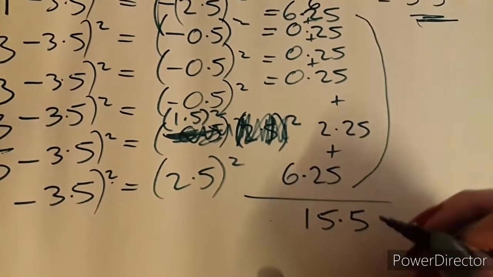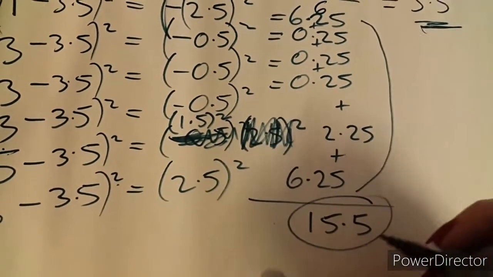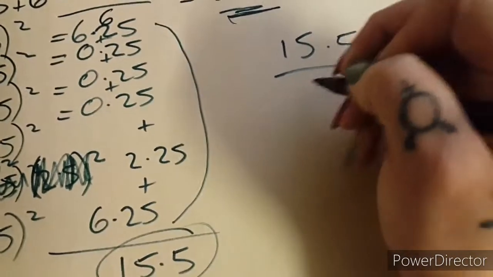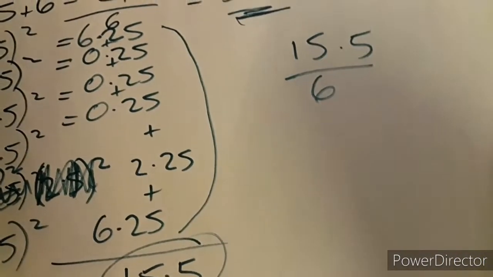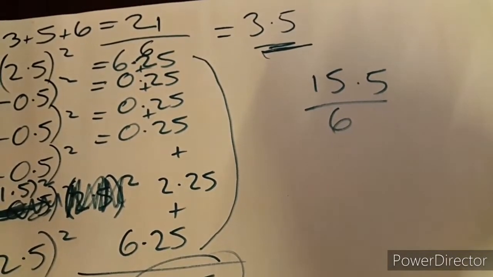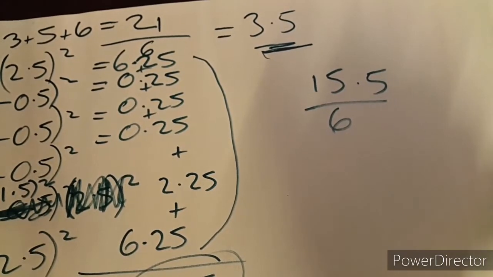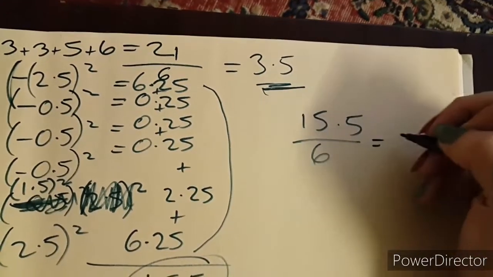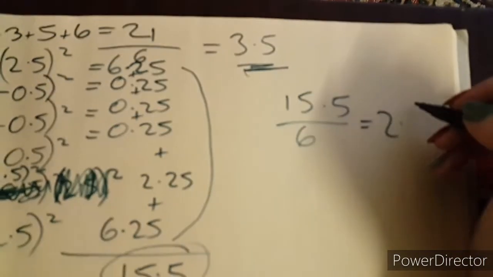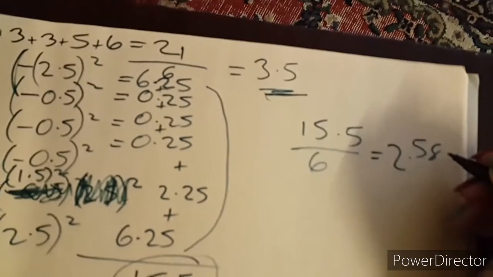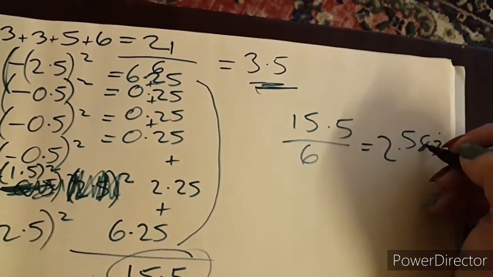And then because there's 6 values, what we do is we take that number, 15.5, divide by 6, and that gives us a value of 2.58333333.